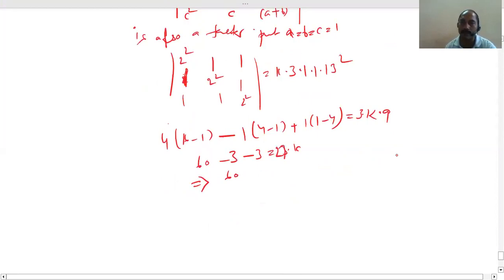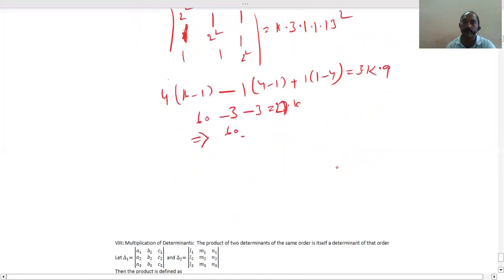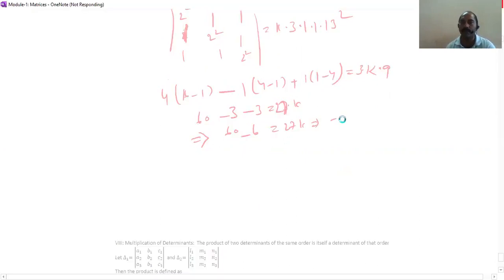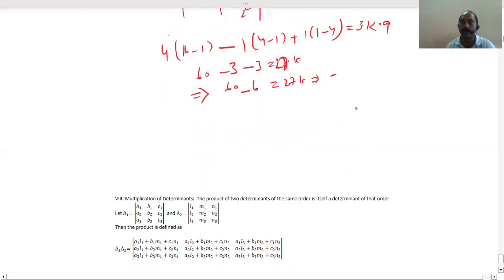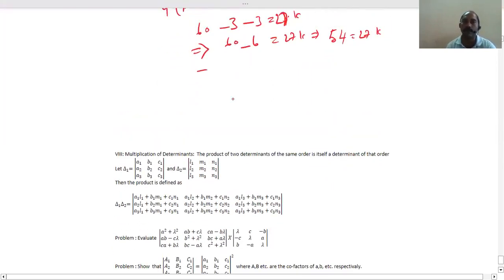So in the left hand side we have 54, and in the right hand side we have the value 27k. That implies 54 equal to 27k. That implies k equal to 54 by 27.